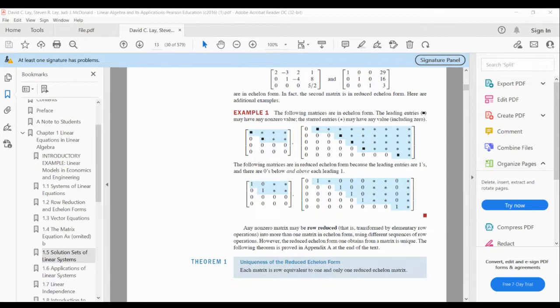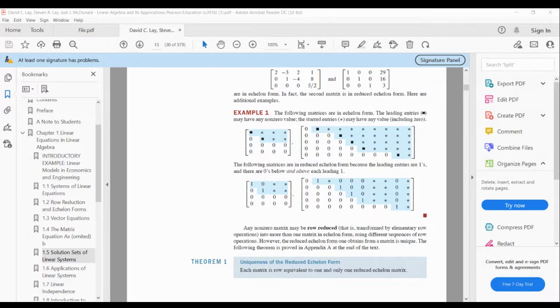if you get it in reduced echelon form, it'll be the same. Like if you use row operations to get a matrix in reduced echelon form, and your friend does different row operations and gets the matrix in reduced echelon form, the reduced echelon form of the matrix for both you and your friend should agree. Reduced echelon matrices are unique.